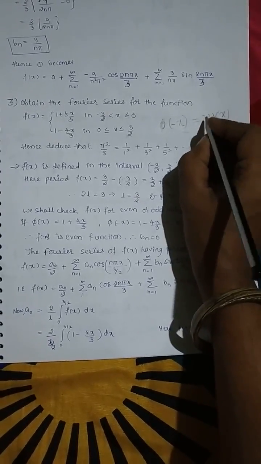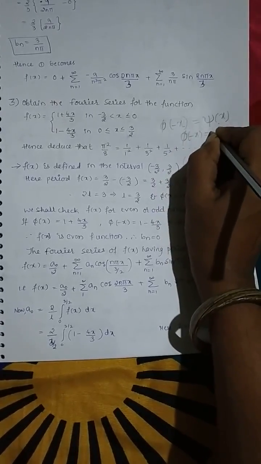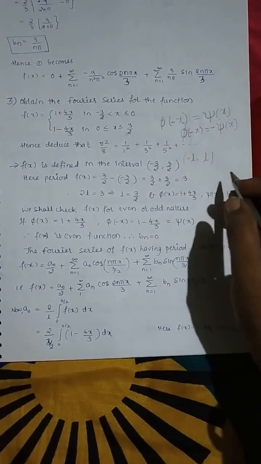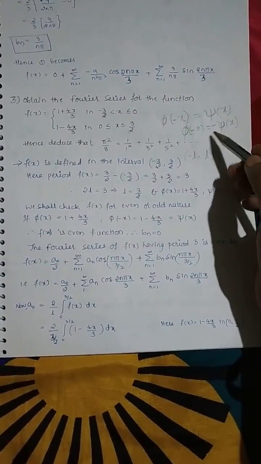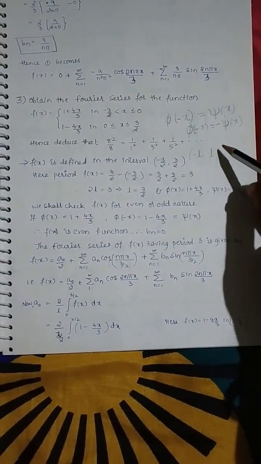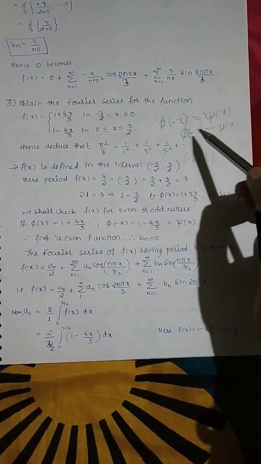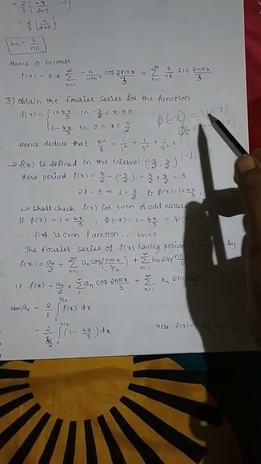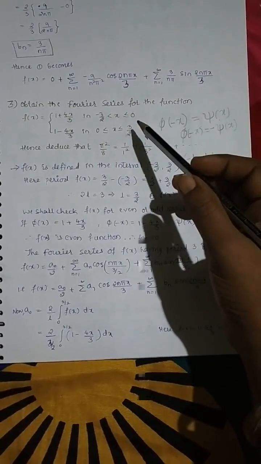If phi of minus x equals minus psi of x, then the given function is odd. Okay, let us check that one.